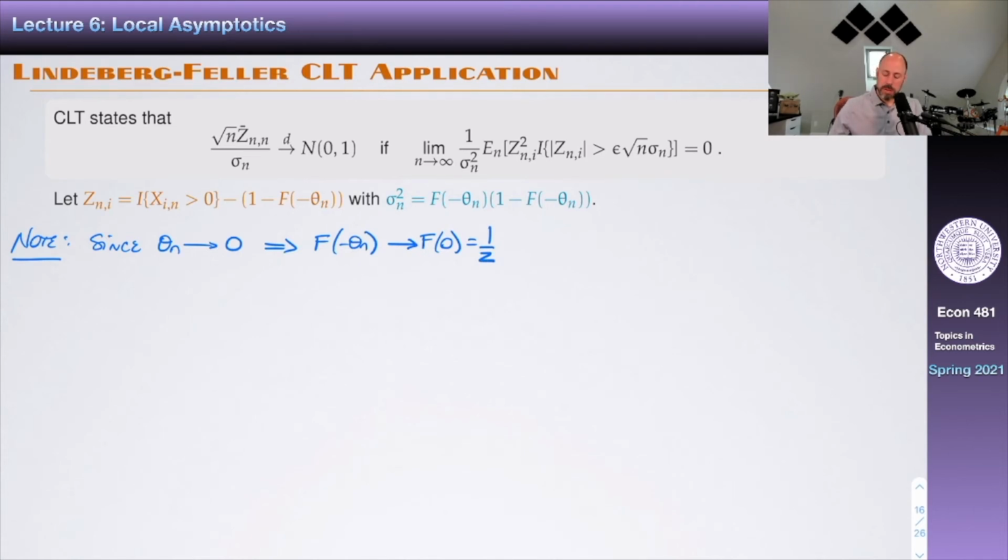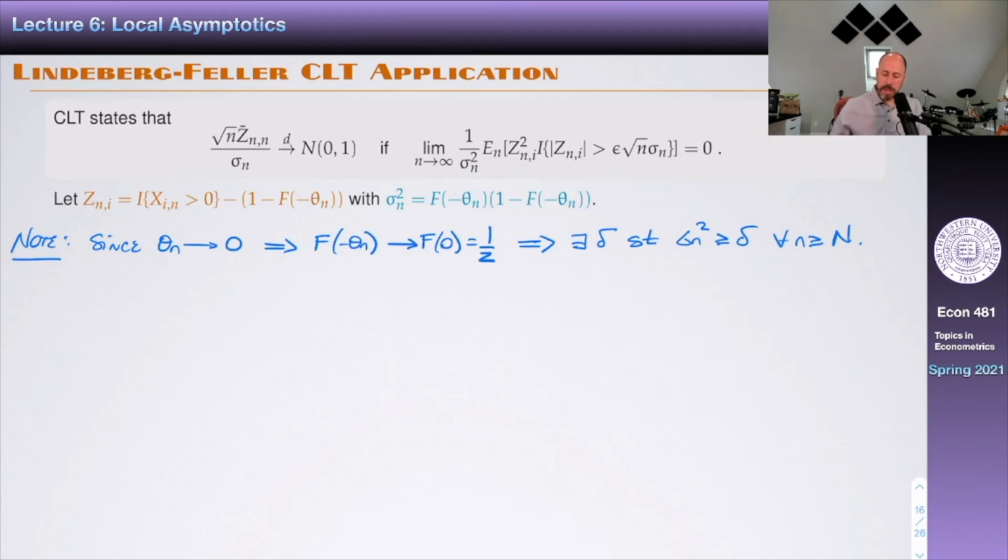So there exists some delta such that sigma n squared is greater than or equal to delta for all n greater than or equal to some capital N. That is, sigma squared n is bounded from below, right? So it cannot be arbitrarily close to 0 when n is large enough, because theta n converges to 0, and so F is converging to a half, and then sigma is just F times 1 minus F.